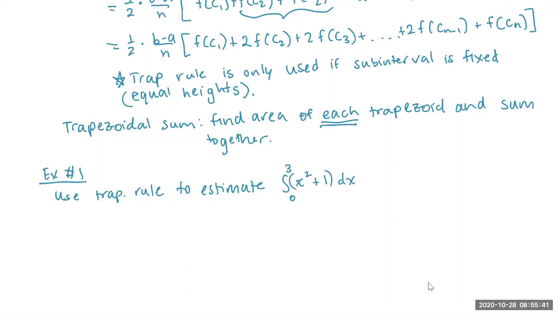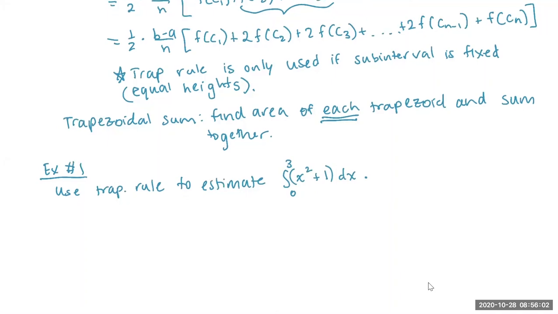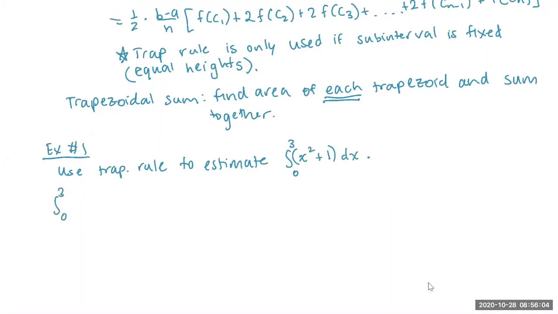And again, I know for this one, I can find the exact area by finding the antiderivative, using FTC, the fundamental theorem of calculus, plugging in 3 and then subtracting out the antiderivative with 0 plugged in. For our purposes, they want us to just use the trap rule to estimate that value. So if this was a free response and you had to do something similar, you would use the little squiggly equal sign to say this is an approximation.